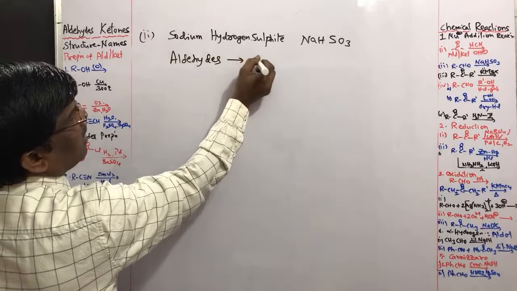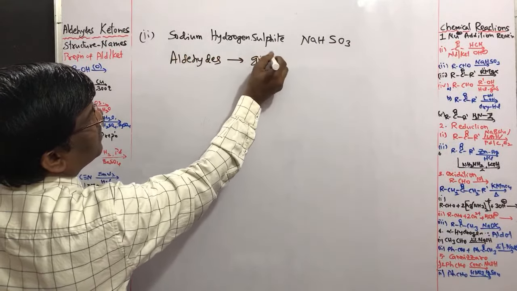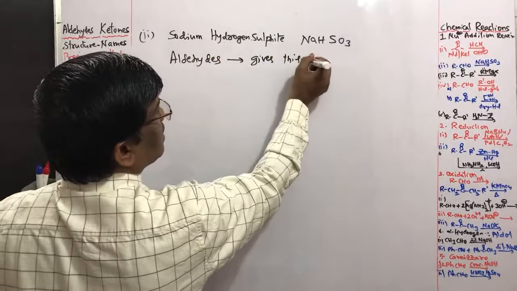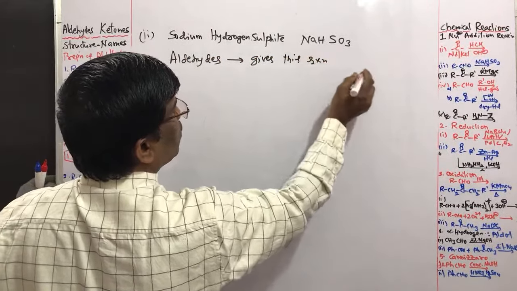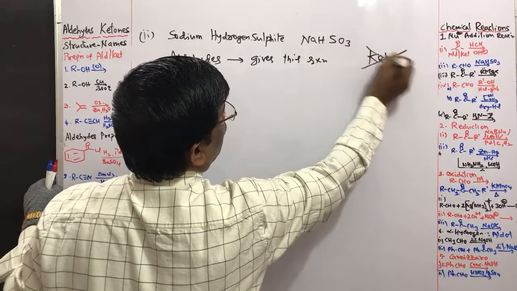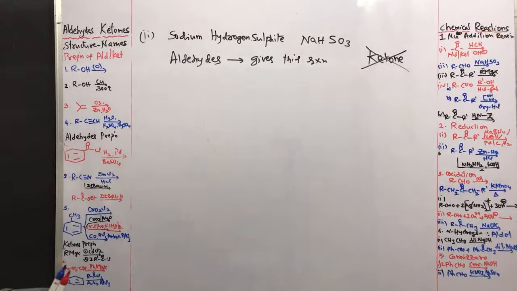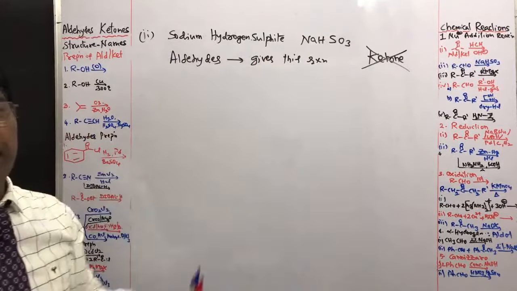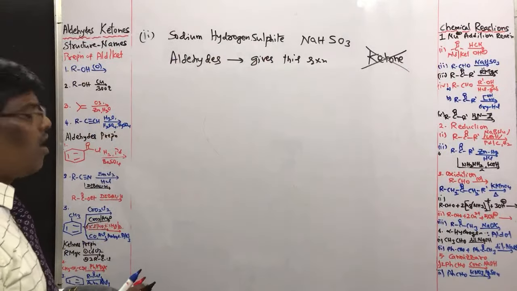Aldehydes give this reaction. Ketones are reluctant for this reaction. Ketones won't give it, right? So by following this sodium hydrogen sulfite method, you can purify the aldehydes.